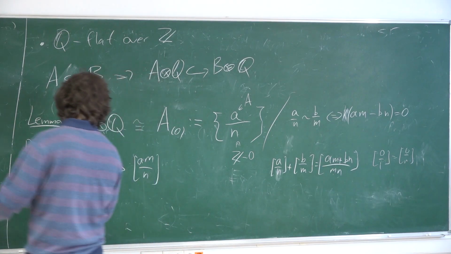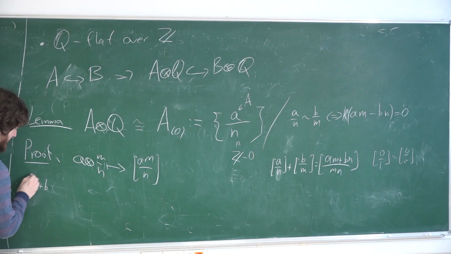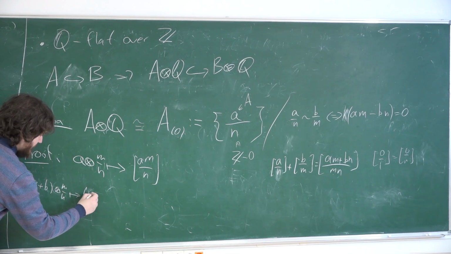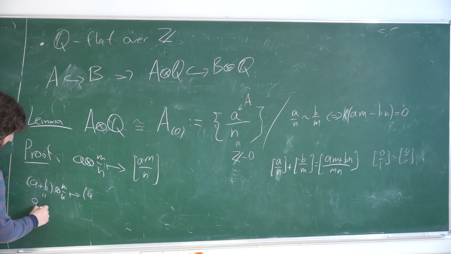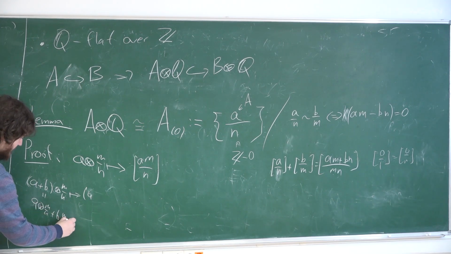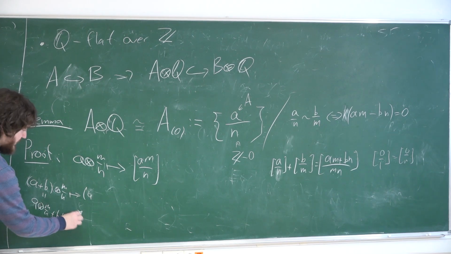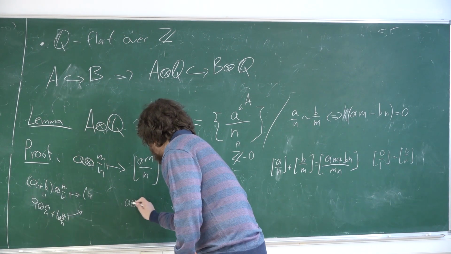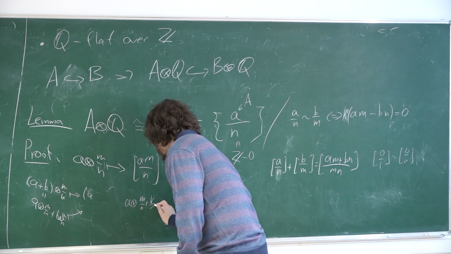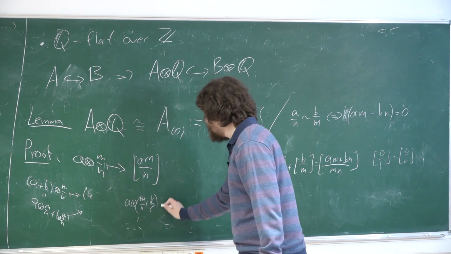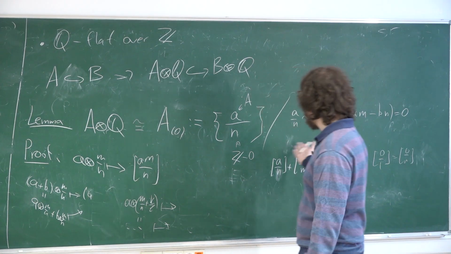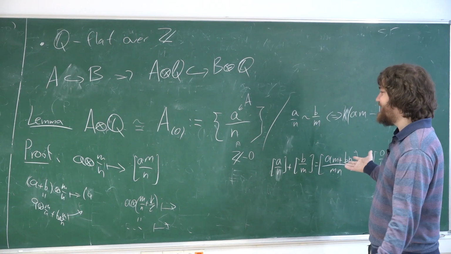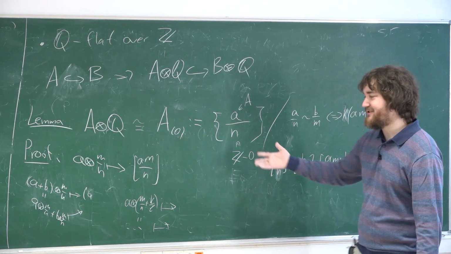For example, a plus b tensor 1/n goes to a/n plus b/n. It's obvious that they go to the same element. But also if you have a tensor 1/m plus k tensor 1/l, then by the usual rule it goes to the same thing. Okay? Because addition is the same as we expect on fractions.